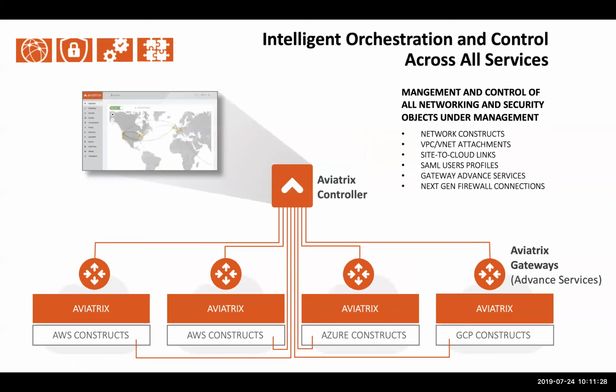So at the core of all of this is the Aviatrix controller. And the Aviatrix controller provides management and control across all the networking and security objects that it has under management.